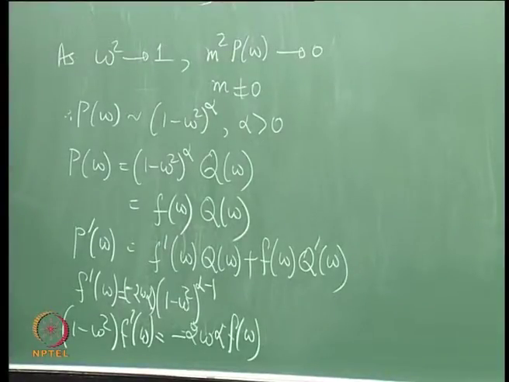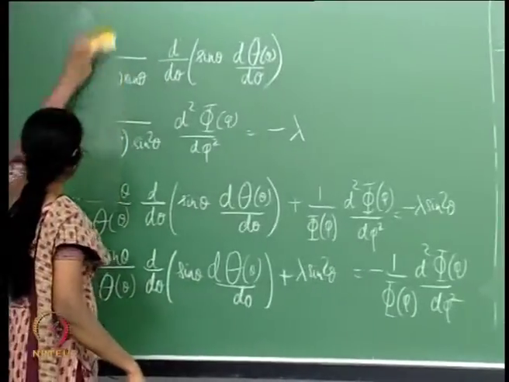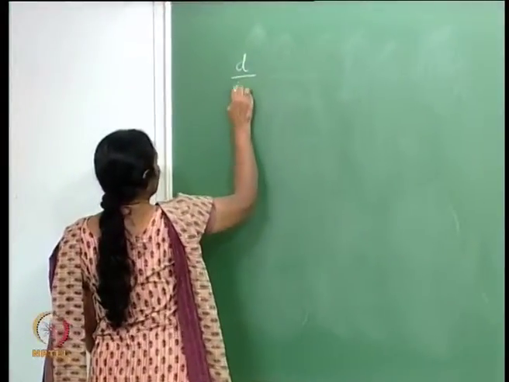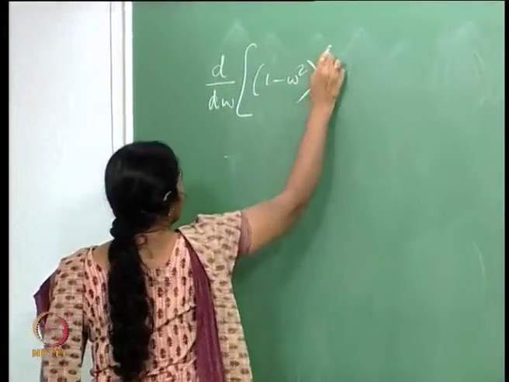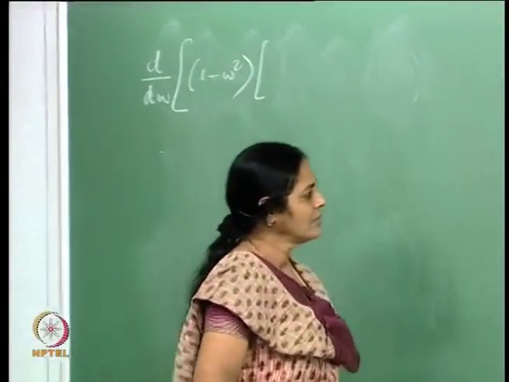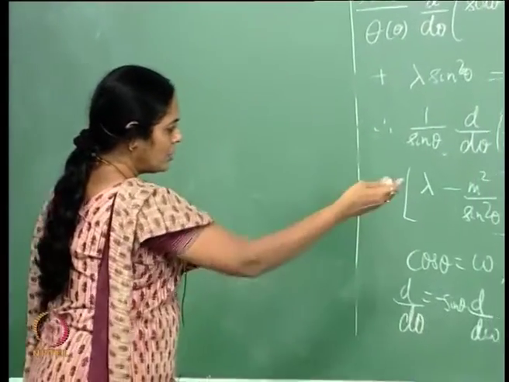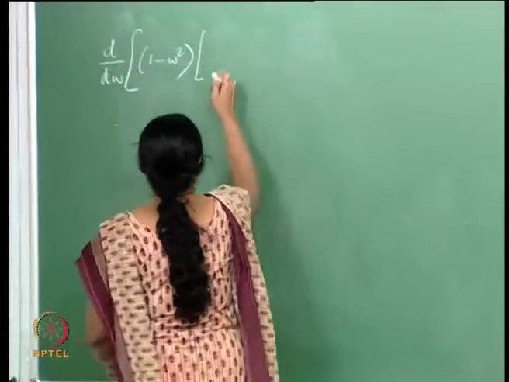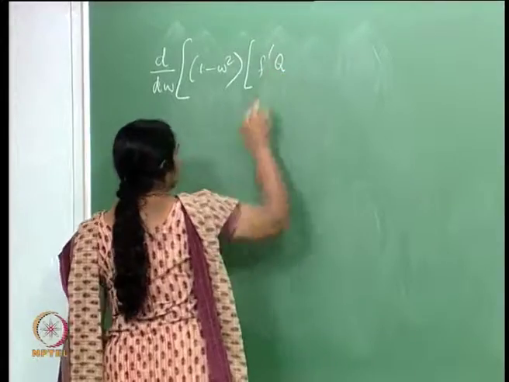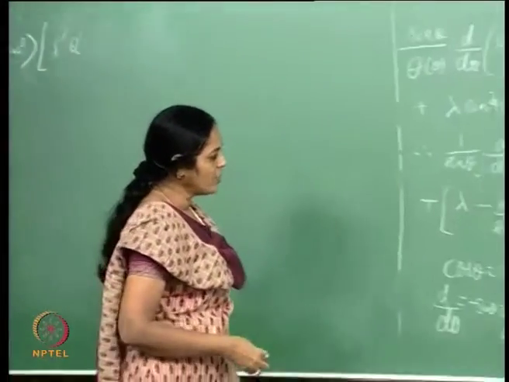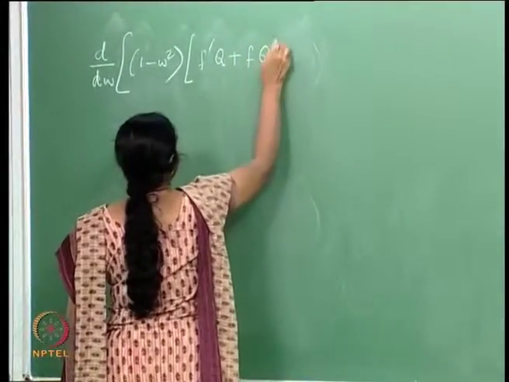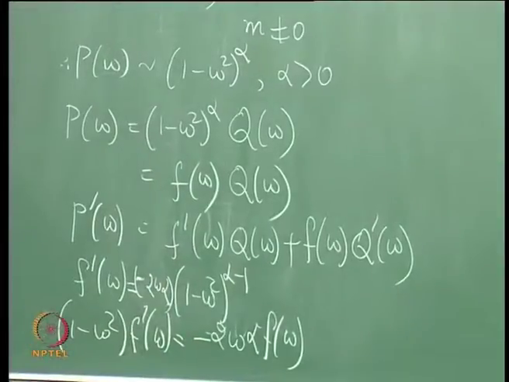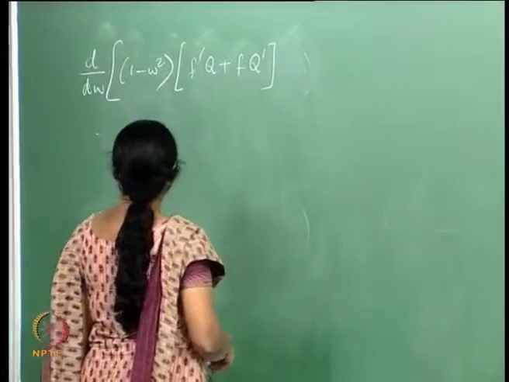Now, I use all that and I get the following. I have d by dw of (1 - w^2) p prime of w, which we have got there, f prime q, just dropping the arguments for the moment, plus f q prime. That is the first term. So, let me consider that.